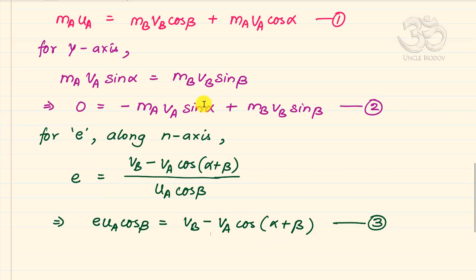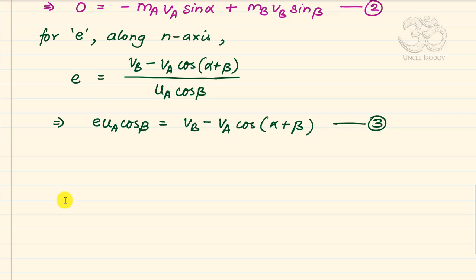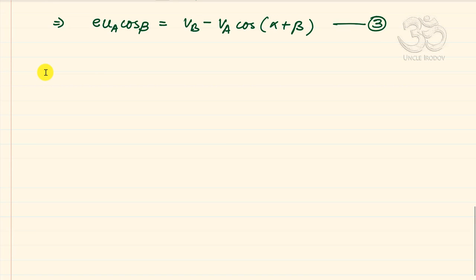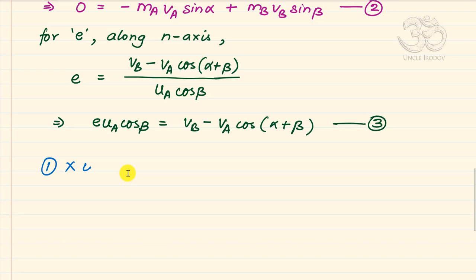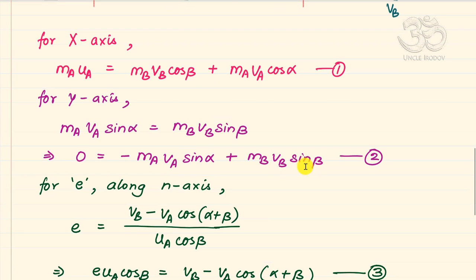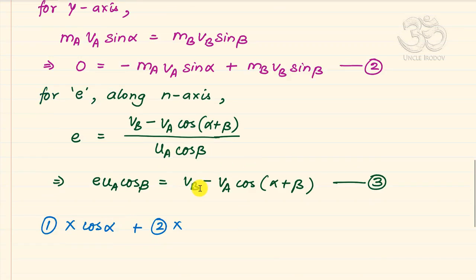So what do I get? Let's multiply equation number 1 by cos alpha, plus equation number 2 by, and where is equation number 2? Here, by sine beta.